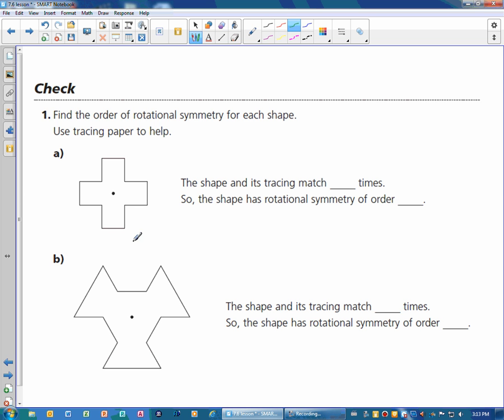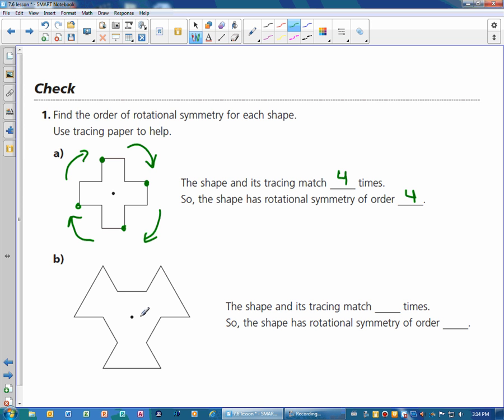So if I had this shape, and let's say I took a dot here and started turning it, this dot would end up there. If I kept going, this dot would end up there, kept going, it would be there, and then it would end up on top of itself. So the shape and its tracing match 4 times. So the shape has rotational symmetry of order 4.